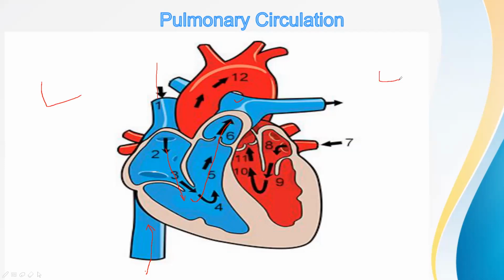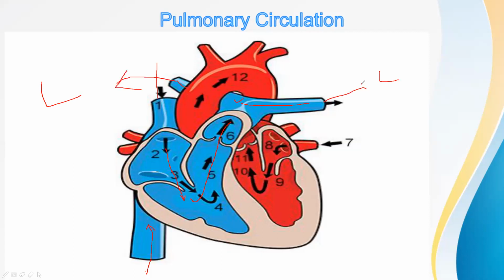So here, when the oxygen poor blood enters through this right ventricle, it enters into the lungs through this part we call as pulmonary artery. So through the pulmonary artery, oxygen poor blood enters into the lungs.